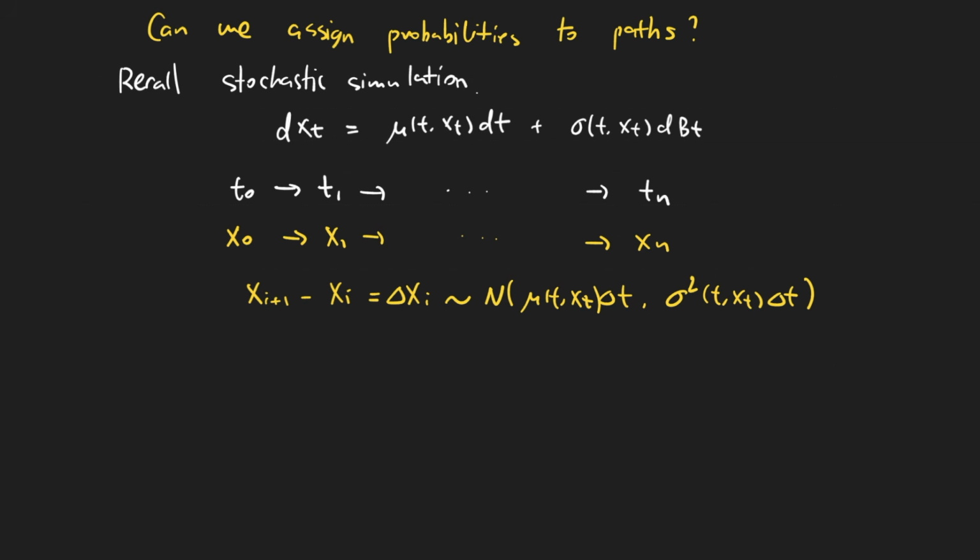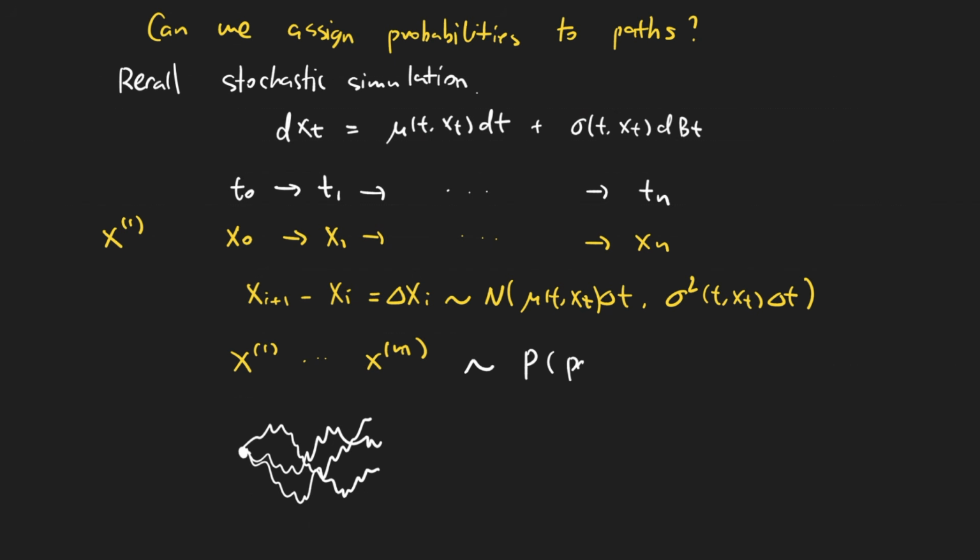Here, let me use a superscript to denote a path. The main idea is that we can generate this path m times, and that will form a population. The key conceptual idea here is that we think of these as samples from a probability distribution of the path.